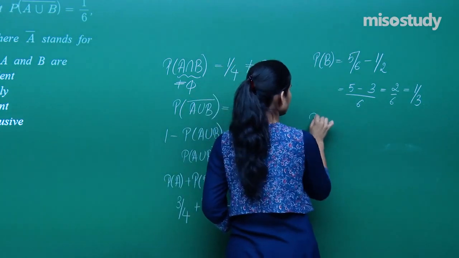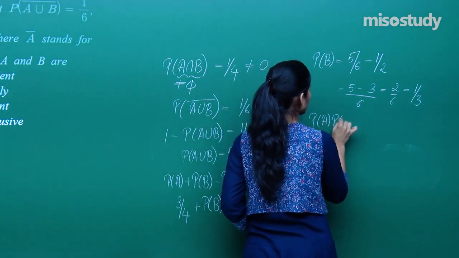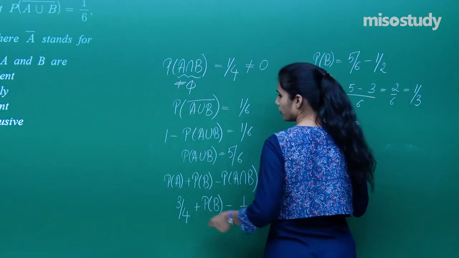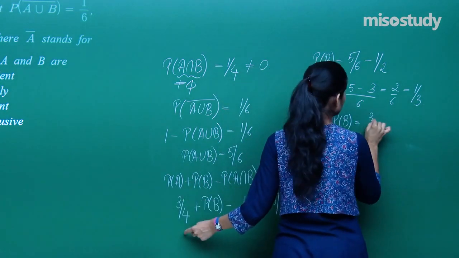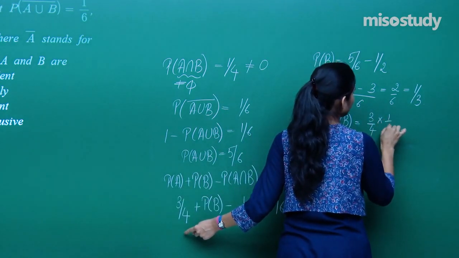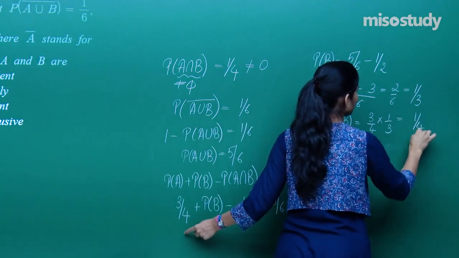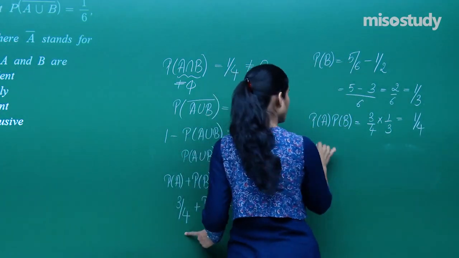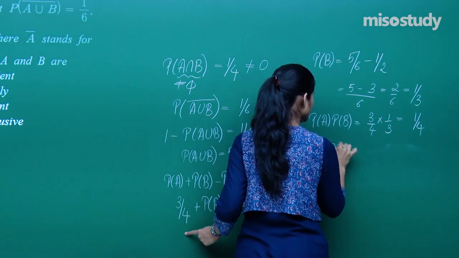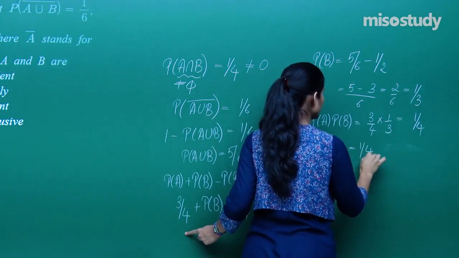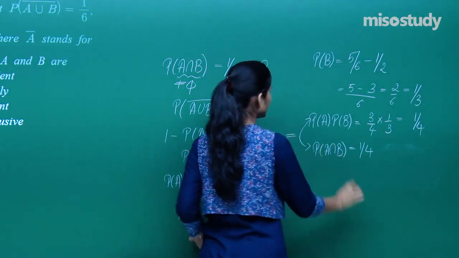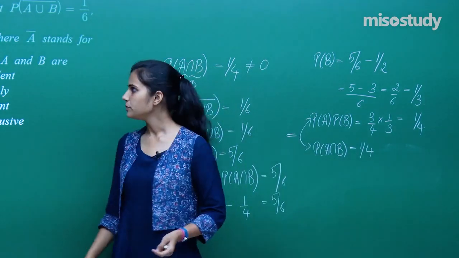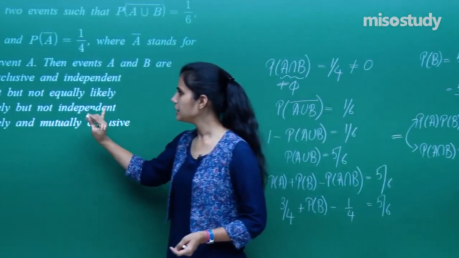And now if you can see probability of A into probability of B, probability of A is 3 by 4 into 1 by 3, that is 1 by 4, and probability of A intersection B is already given to you as 1 by 4. So, these both are actually equal to each other, which means that the events are independent.